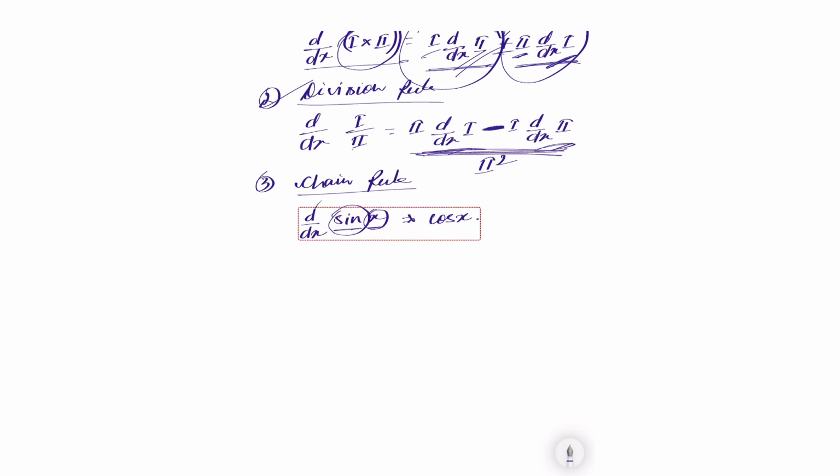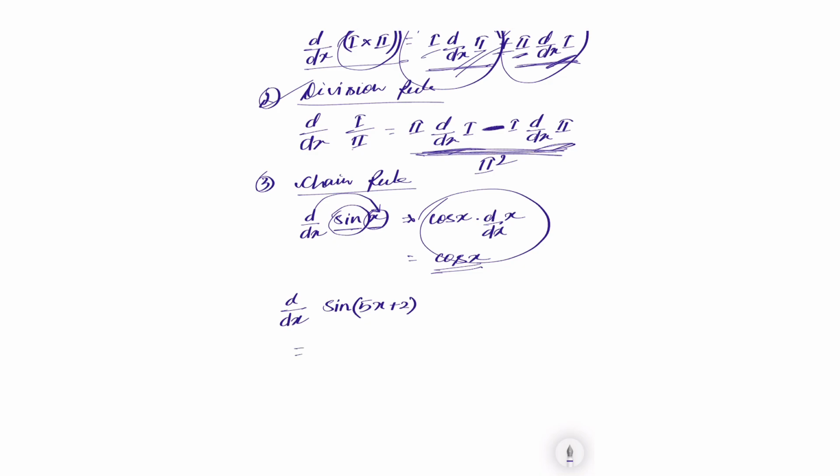Now differentiation will go to the second gate, d/dx of x, which will provide you 1. In the formulas, we are learning d/dx of sin x equal to cos x. But suppose d/dx of sin(5x plus 2) is there, then same first gate and second gate. Look at the first gate, sin, d/dx of sin will become cos, angle will be the same, 5x plus 2.